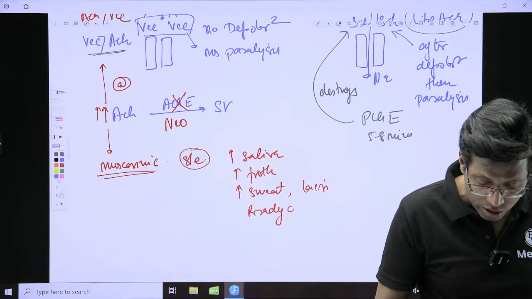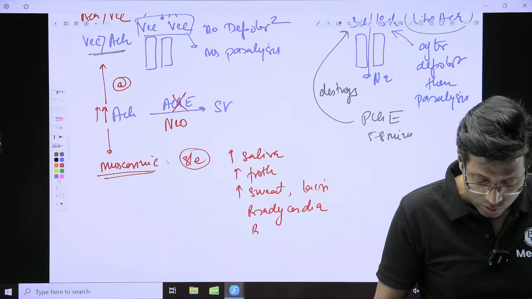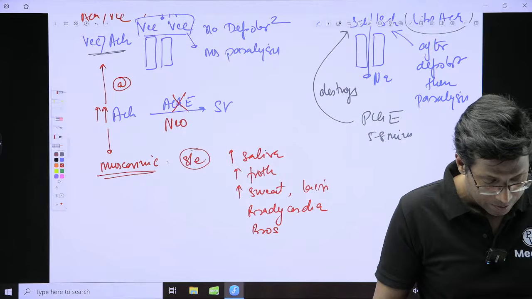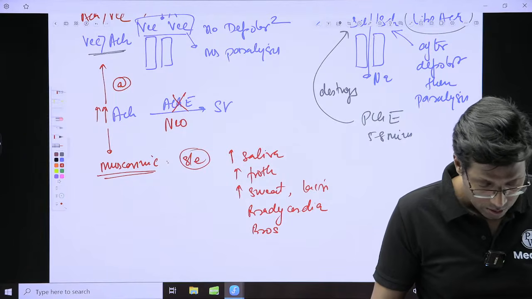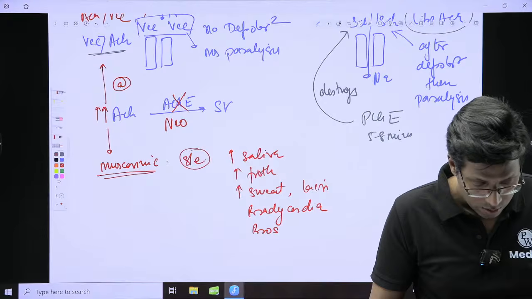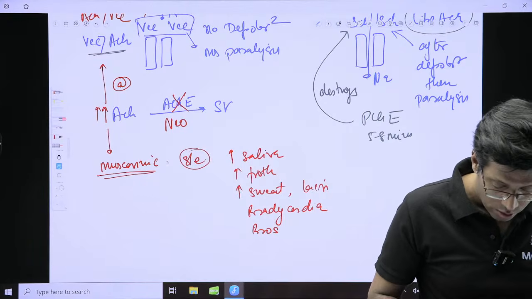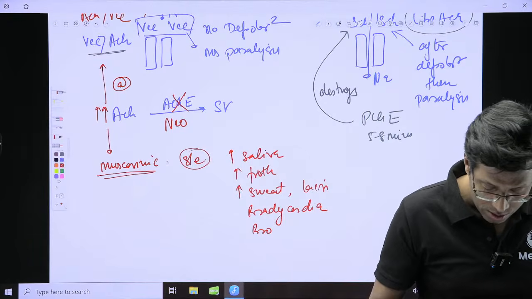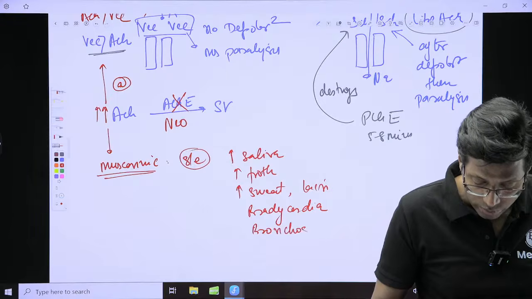So whenever you give neostigmine for reversal, this is what you get in the patient.